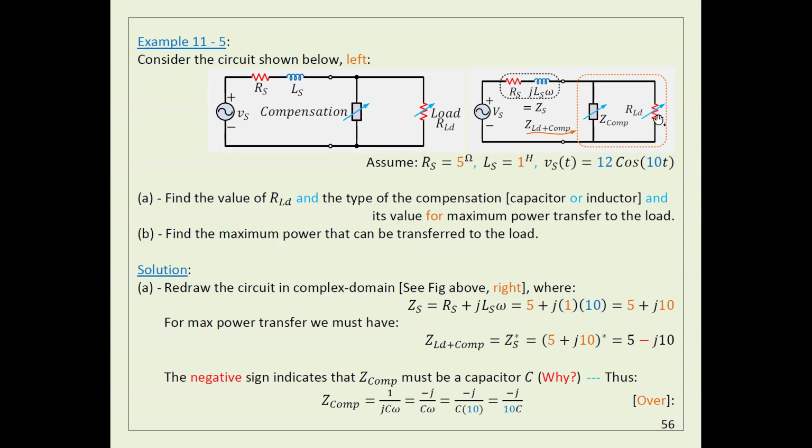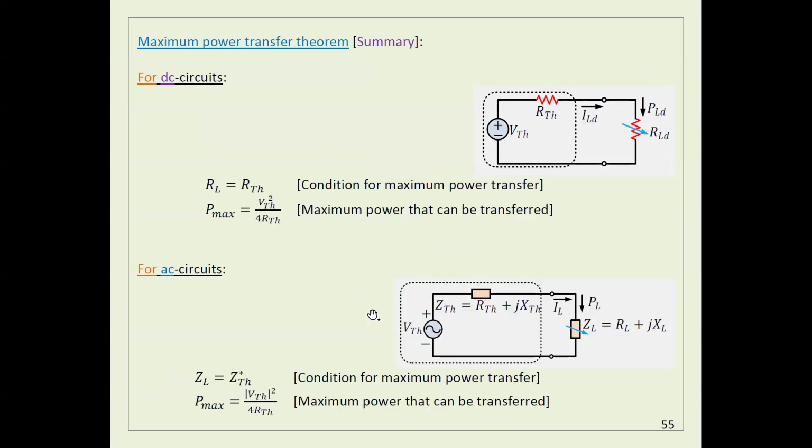Here, this impedance ZS is actually RS plus j omega L. You already know from what I explained that for maximum power transfer, the impedance here is equal to the impedance there, but this should be the asterisk.